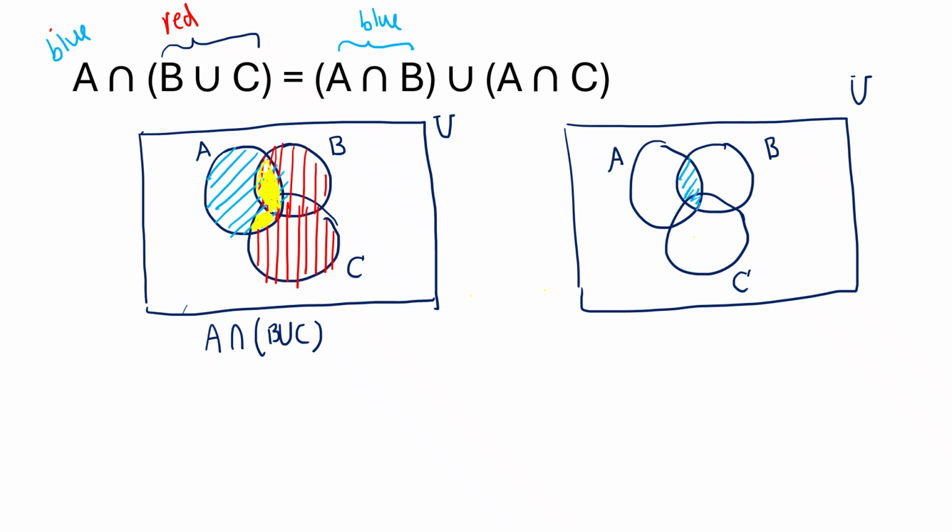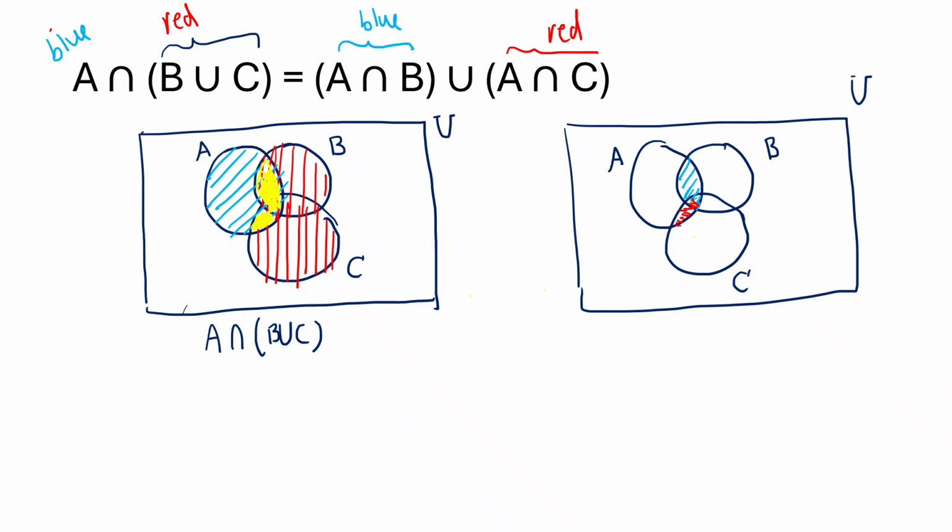And then we have A intersection C. Let's use red for that. So A intersection C is this area here. And then we want to take the union of blue and red, blue and red together, which is exactly this yellow area on the left.